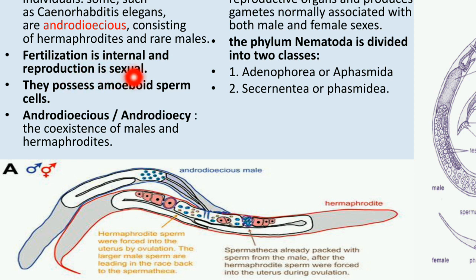After sexual reproduction, the fertilization is internal within the body, and the organisms develop within the body. They possess amoeboid sperm cells, which are self-dependent depending upon the environment, and take part in the competition to fuse with the ova. Androdioecy is the coexistence of males and hermaphrodites. This is the simpler term, but both explain the same.